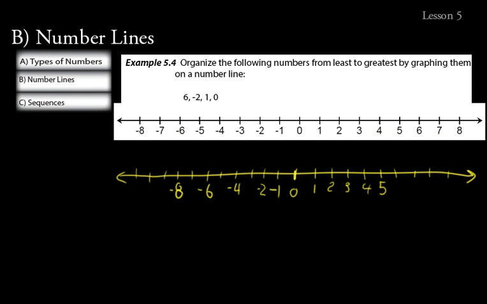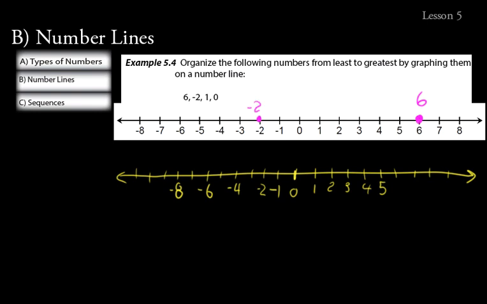So now organizing those from least to greatest, and starting with the 6, put a 6 right here, and then the -2, that's right here.